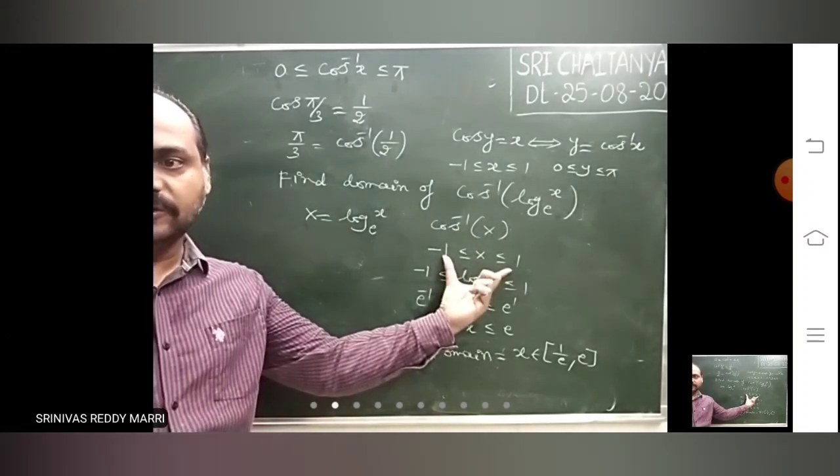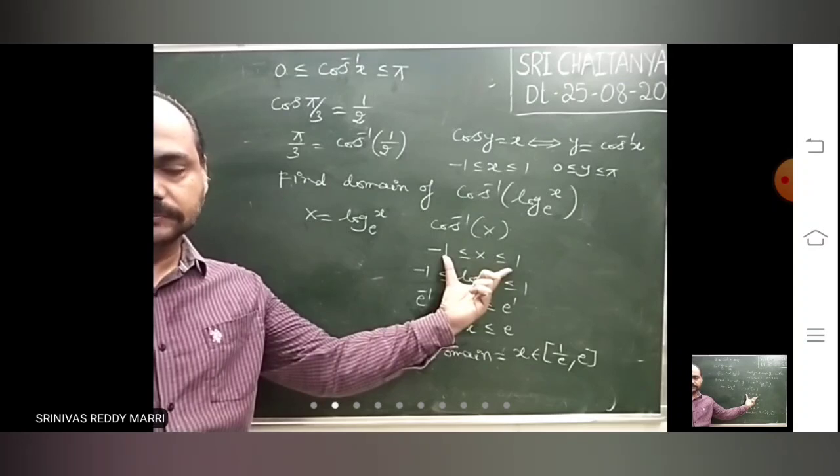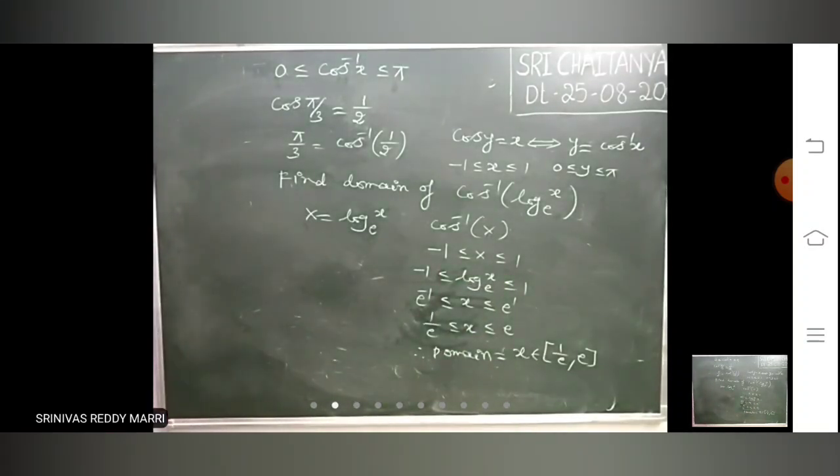That is the rule for finding the domain of the cos inverse function. That is cos inverse x.